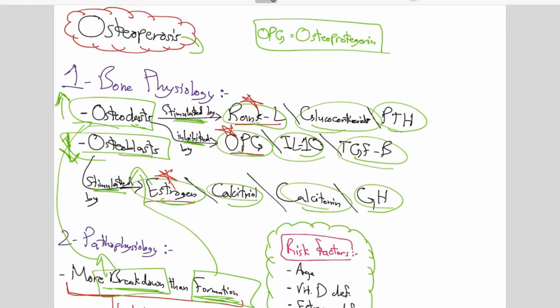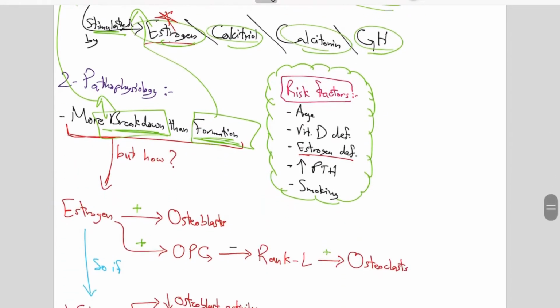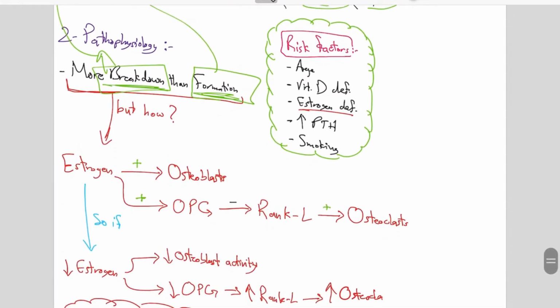Now, as we go down, we're going to talk about the risk factors first. For the risk factors in your lecture, there is a mnemonic. It's easy and simple. If you go over it, you're going to memorize the risk factors for osteoporosis. But what I want is to make you understand the reason behind these different risk factors.